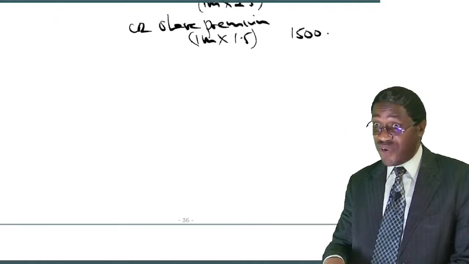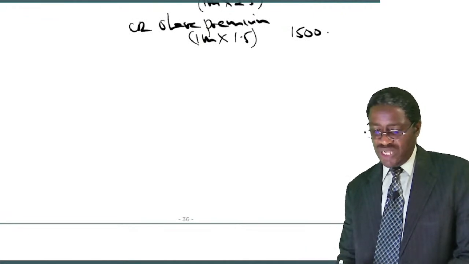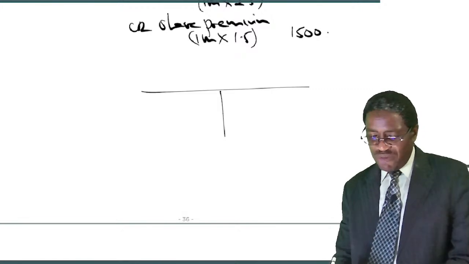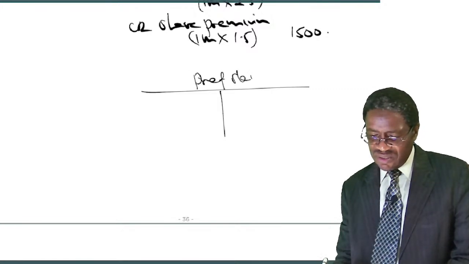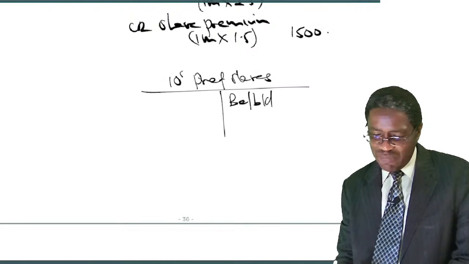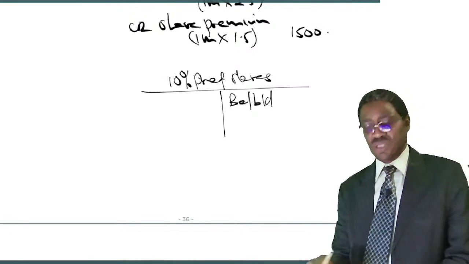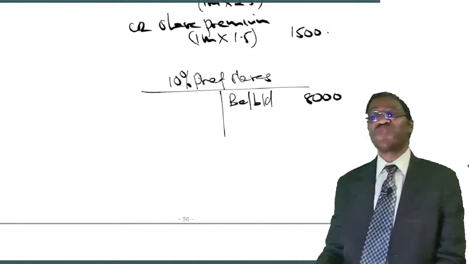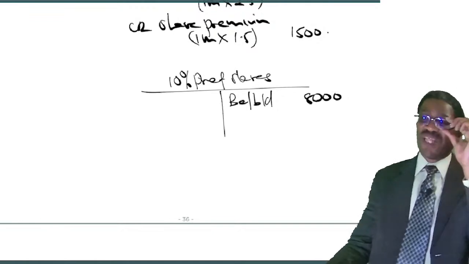Let me project first, because I think there must be an issue there. Our original preference shares, balance brought down, that is the 10% original one. From the balance sheet, we see they are worth 8 million.